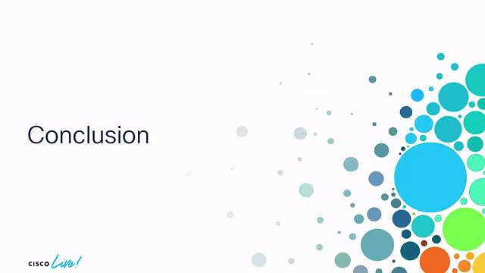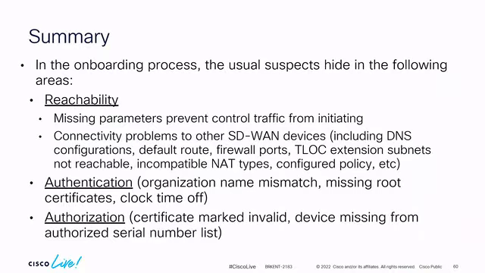That's my conclusion. So let me just summarize what we talked about. In the onboarding process, we've got several stages, and we've got devices that hide in different areas: reachability, authentication, and authorization. When we talk about reachability, there are lots of examples.